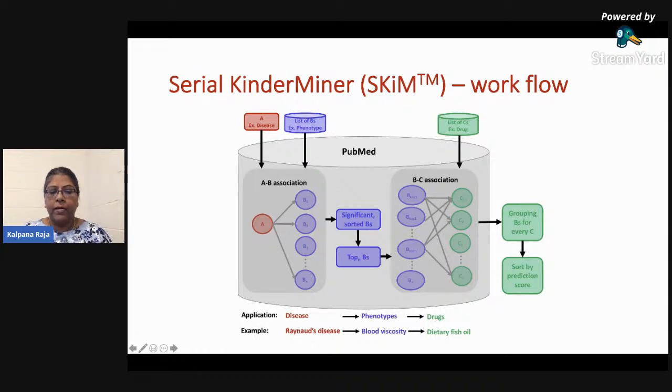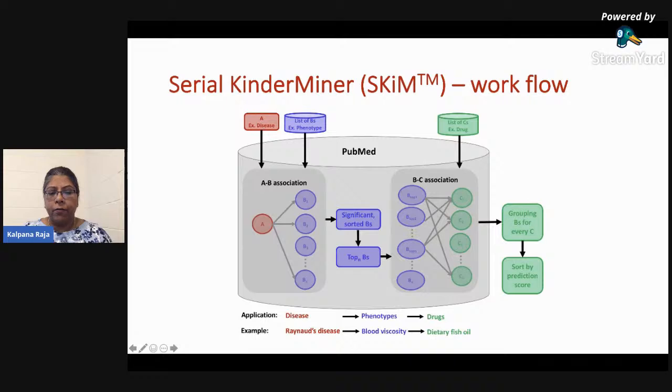So here I provide the example for this drug repurposing application. Raynaud's disease is going to be the A term. B term found by SKiM is blood viscosity, and C term found by SKiM is dietary fish oil. So blood viscosity is a condition observed in Raynaud's disease.